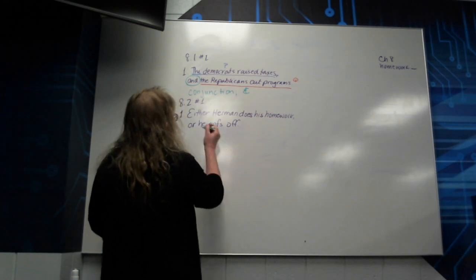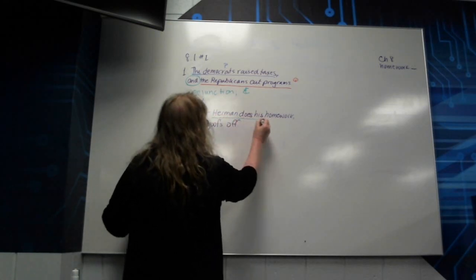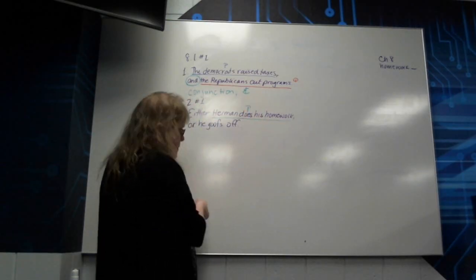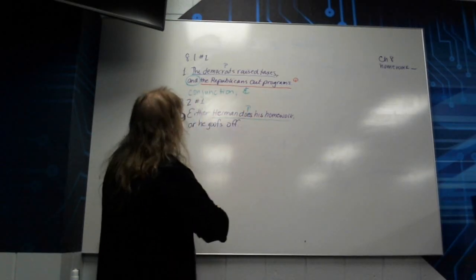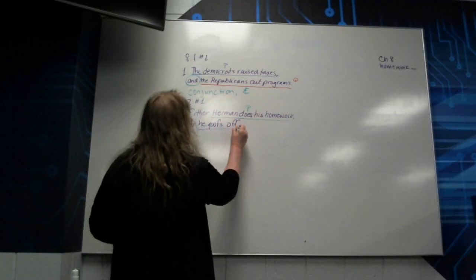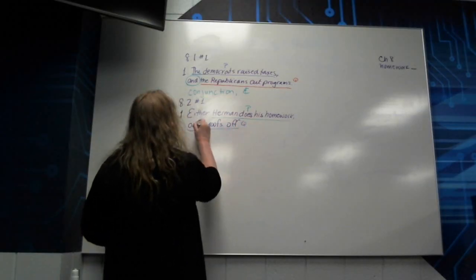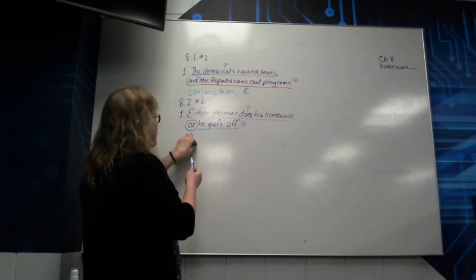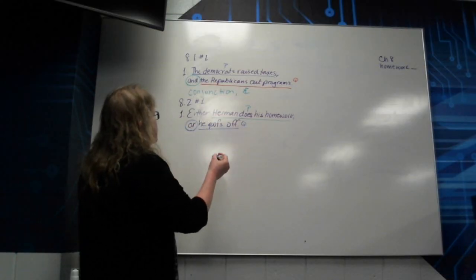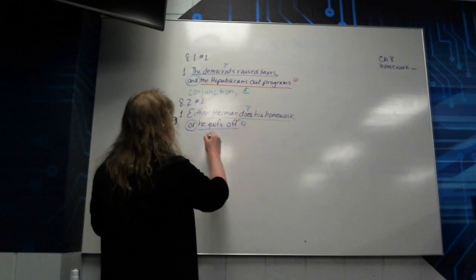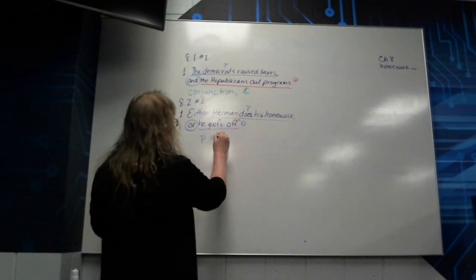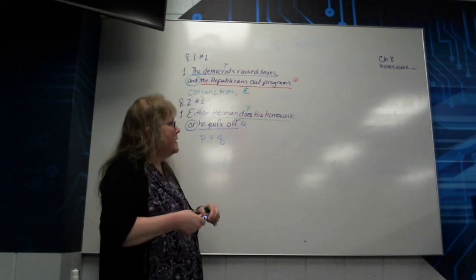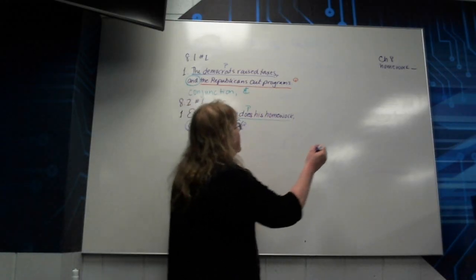So Herman does his homework is my P. He goofs off is my Q, and my connective here is or. So the way this is going to look is P or Q. That's the whole thing.